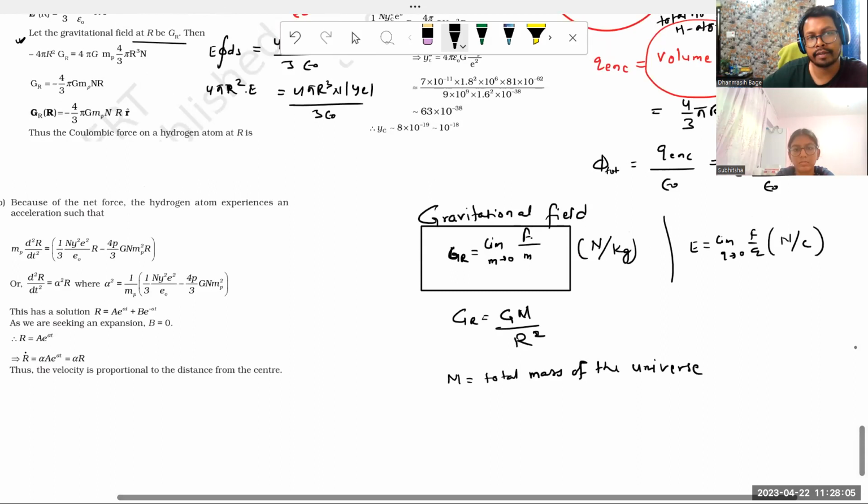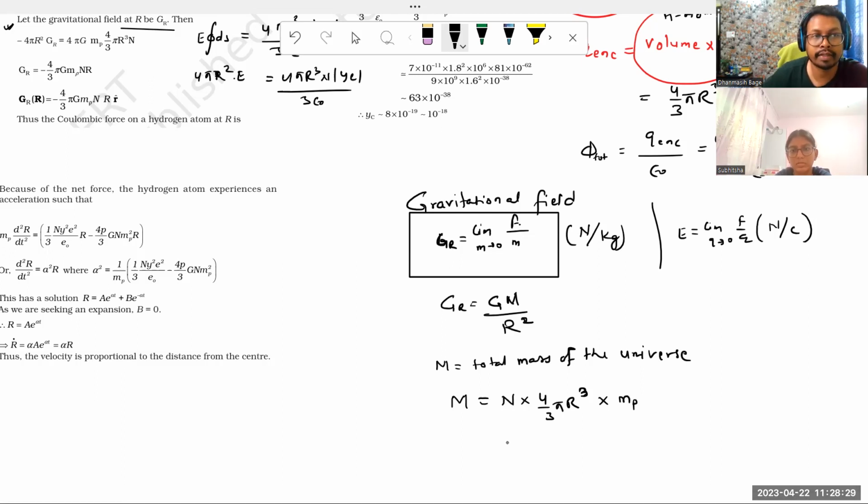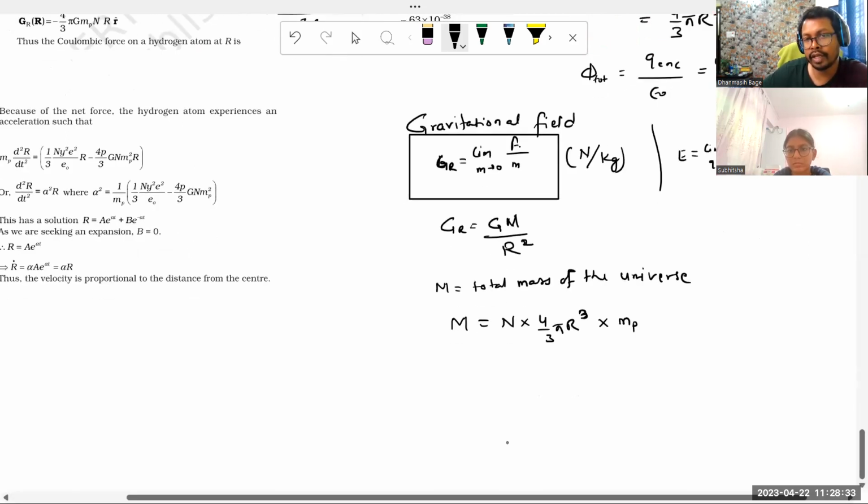The hint is given here. Number density is given to you. Number density will be multiplied by the volume 4 by 3 pi r cube. This will give you the total number of atoms. We have already seen this: volume multiplied by number density, then multiplied by the mass of the proton. Just put this value over here and you will get the answer.